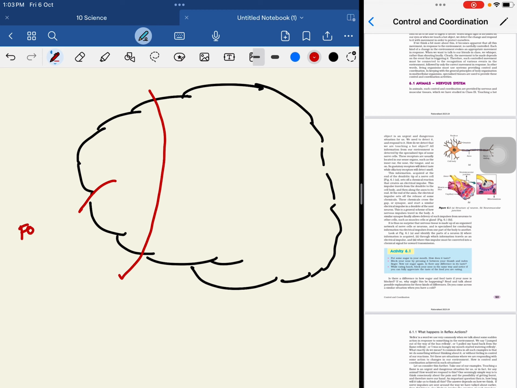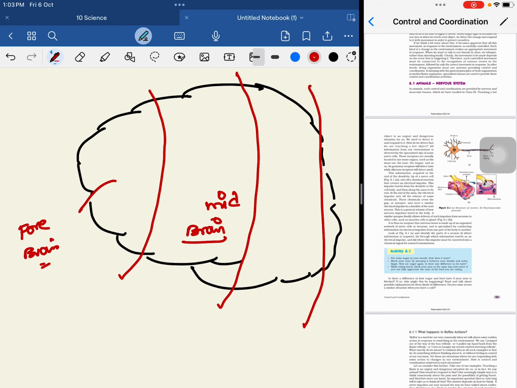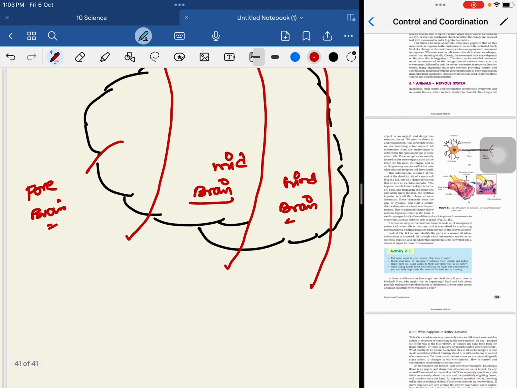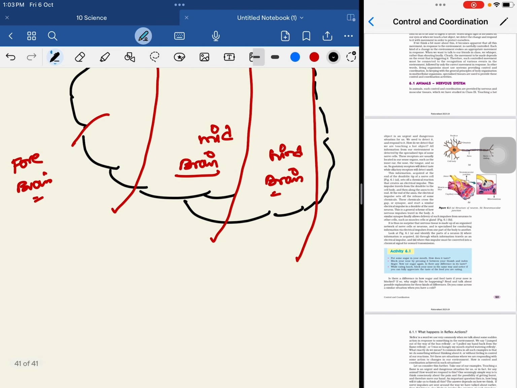This is the midbrain, as it is present in the center, and this is the hindbrain. So listen carefully. The hindbrain has an important area called the cerebellum.